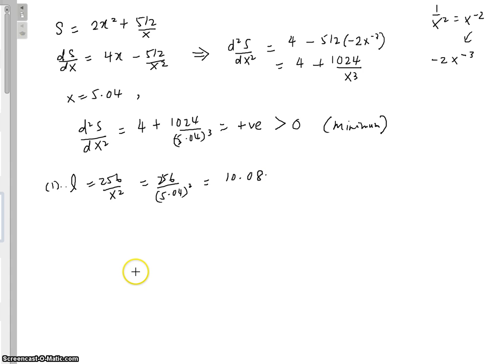So the dimensions that will minimize the amount of material are approximately 5.04 feet for the sides and approximately 10.08 feet for the length of the shelter.